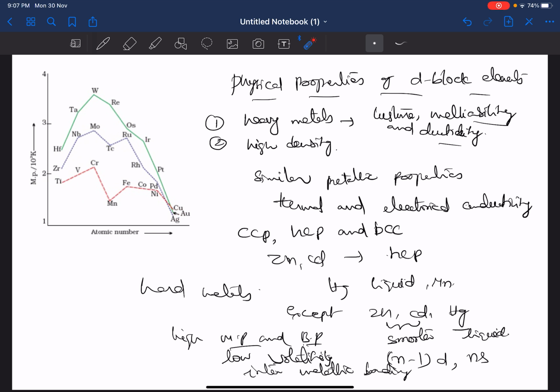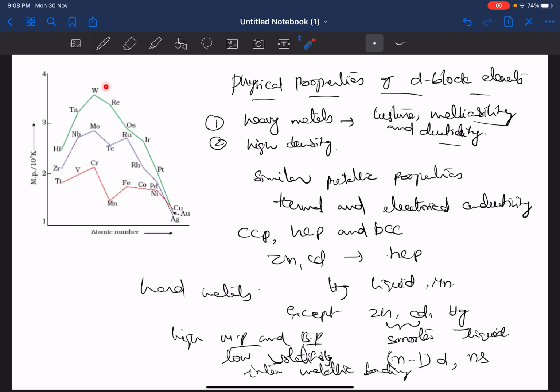That means as the number of unpaired electrons in the d orbital increases, the melting point will also increase. The same will be shown in the 4D series and then the 5D series. In the 4D series the metal is molybdenum. It has the highest melting point and boiling point, whereas in the 5D series it is tungsten or wolfram.